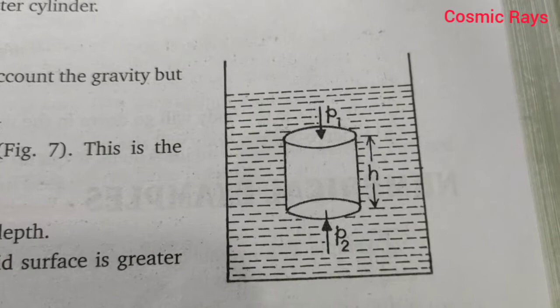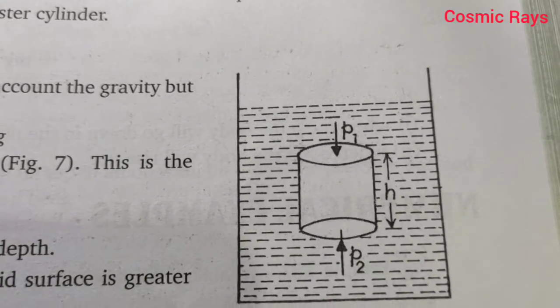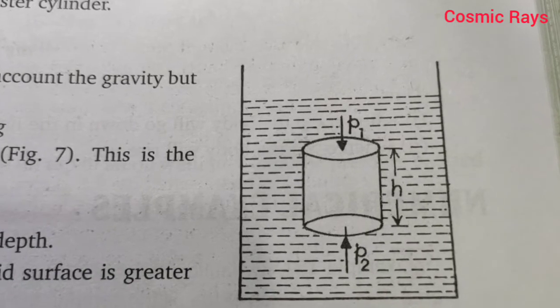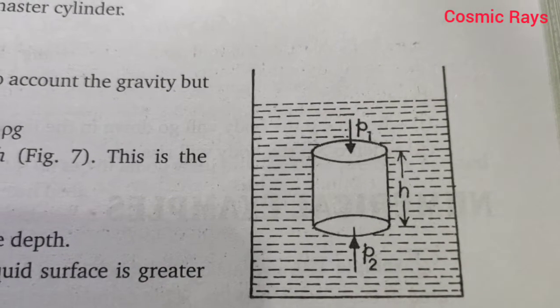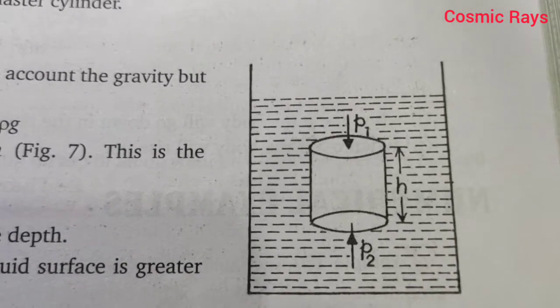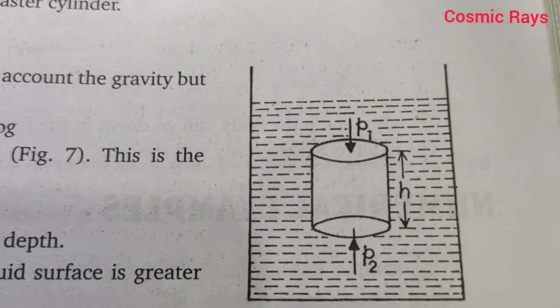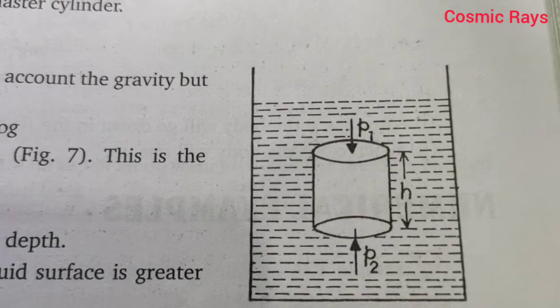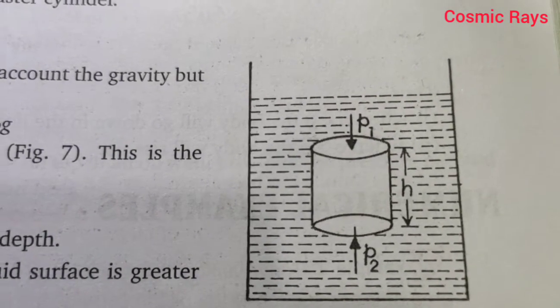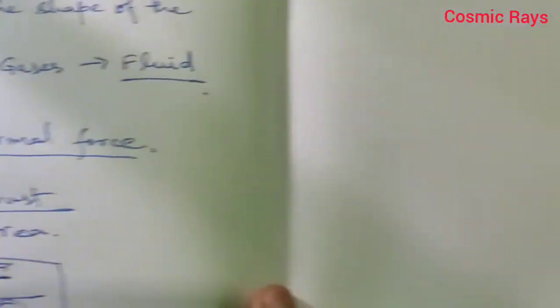But if we look at the actual expression for pressure, then we find that Pascal's law does not take into account the gravity part of the fluid. It does not talk about the gravitational part or the gravity of the fluid.